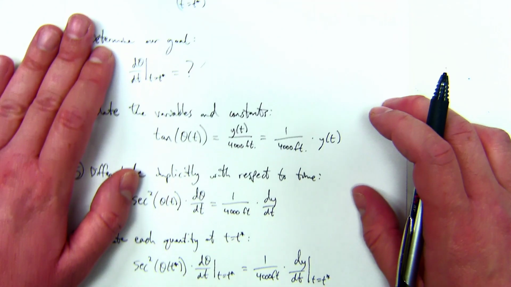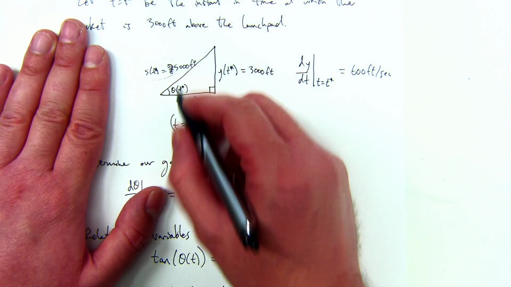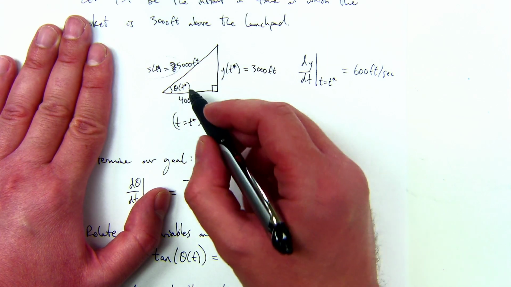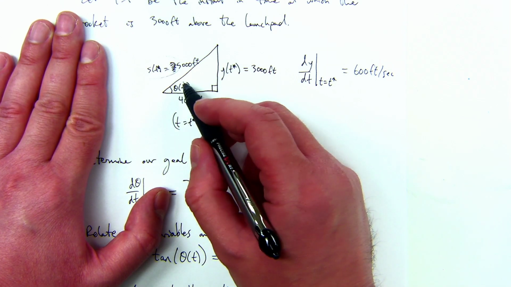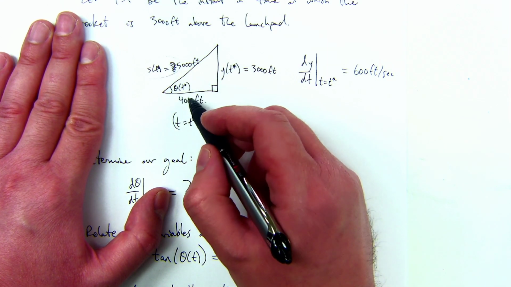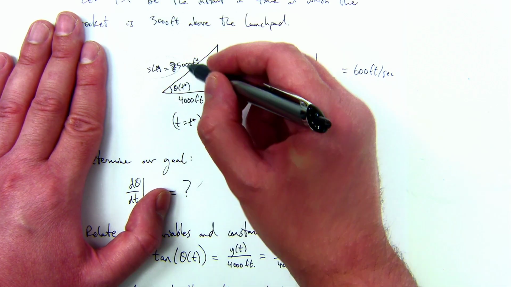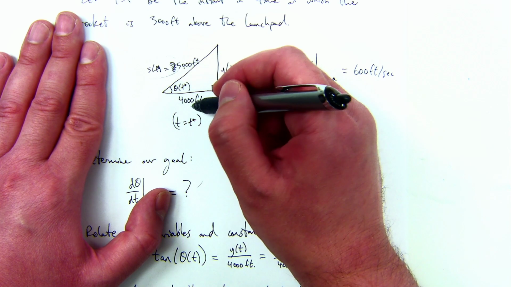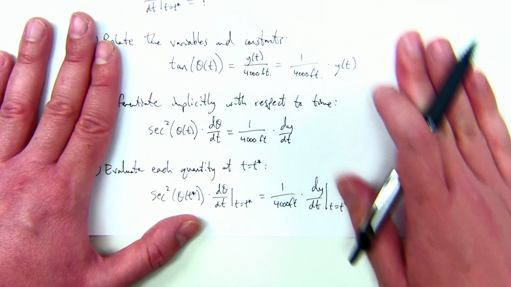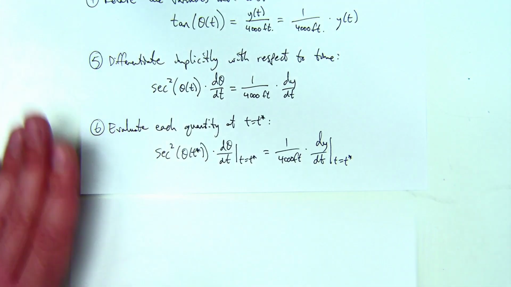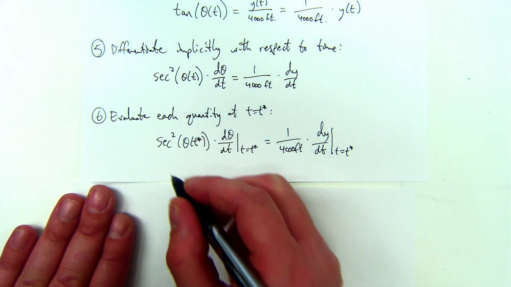Right? And so now looking at that picture still, I keep moving the notes around. What is secant of theta at this special time? Secant is hypotenuse divided by adjacent. It's 1 over cosine of theta, right? And so it's 5,000 feet divided by 4,000 feet. So secant itself would be 5,000 over 4,000.